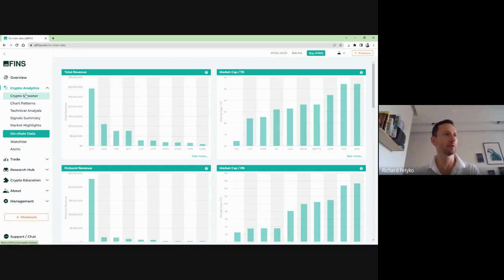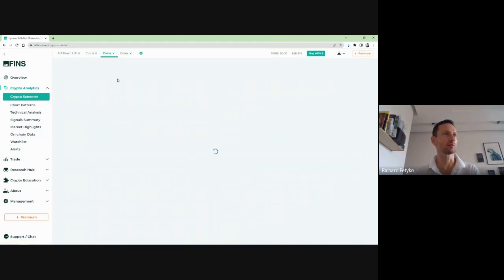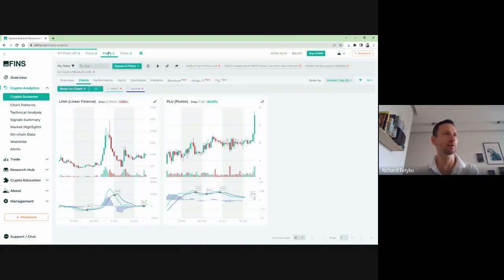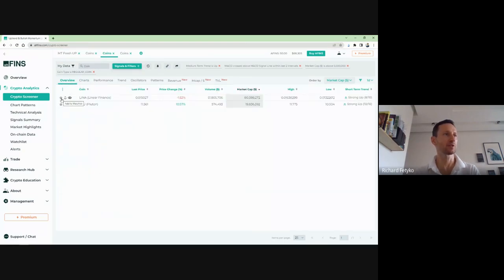Oh yeah, I did want to demonstrate one more thing. Once you create or jump to these market filters, you can add these assets to your watch list simply by clicking on the star here.